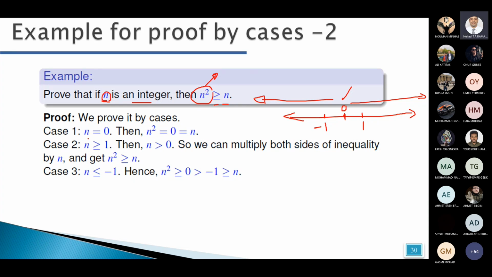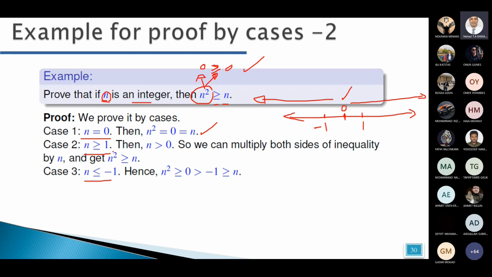We have three cases: when n equals 0, when n is more than or equal 1, when n is less than or equal minus 1. So when n equals 0, apply it here. This one becomes 0, and this one 0. Is 0 more than or equal 0? Yes. So we proved the first case.